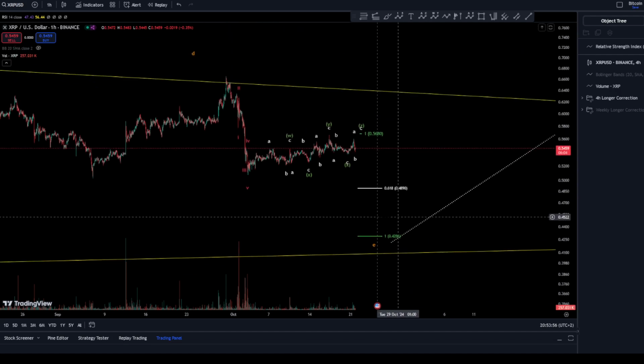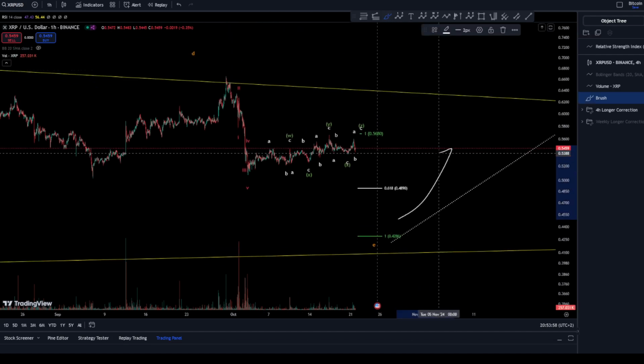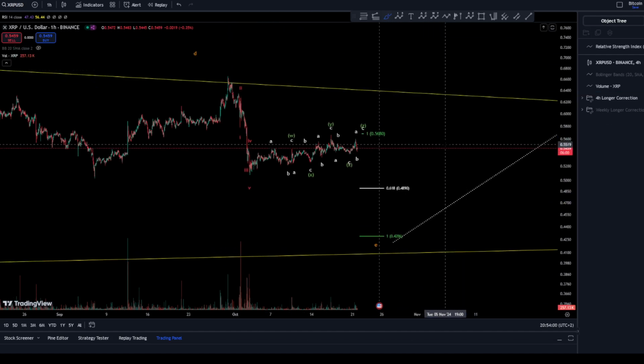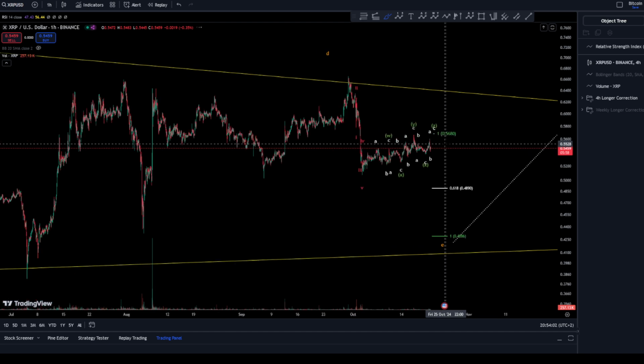And after that, we are looking to higher prices, as we have mentioned in the daily.